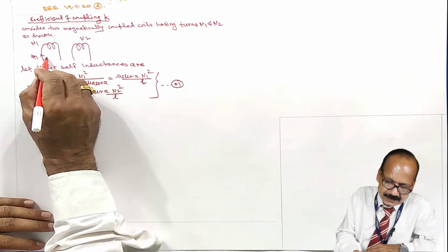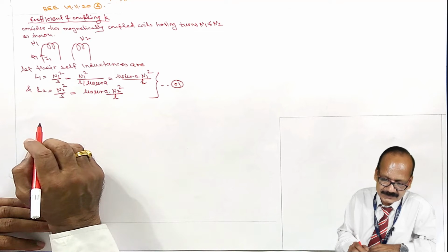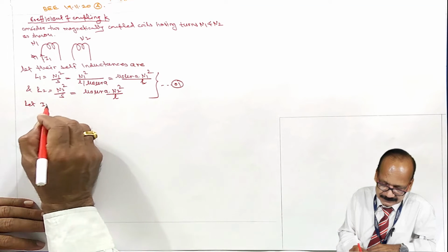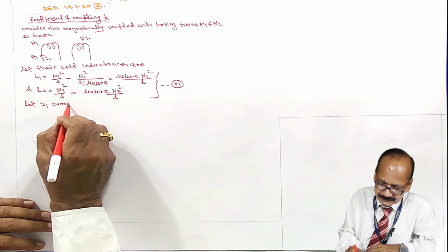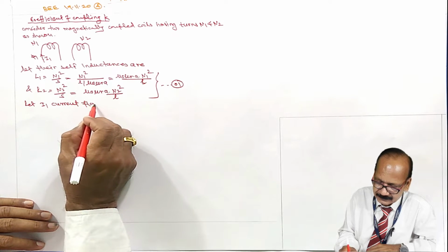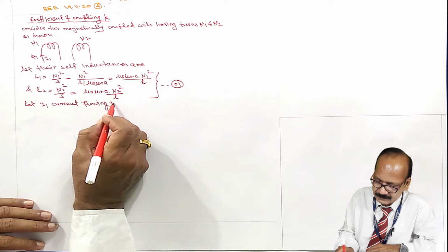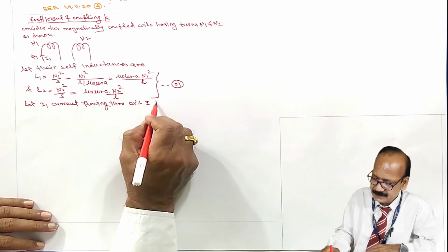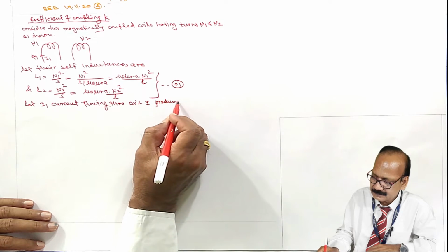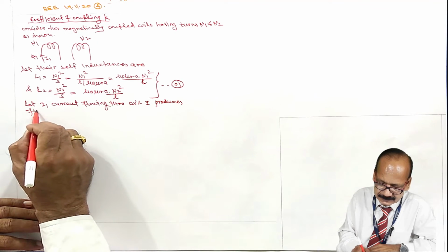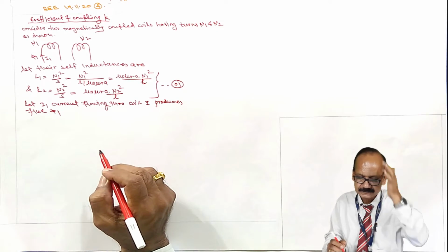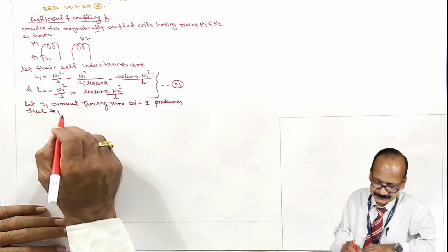Let current I1 flowing through coil 1 produce flux phi 1.